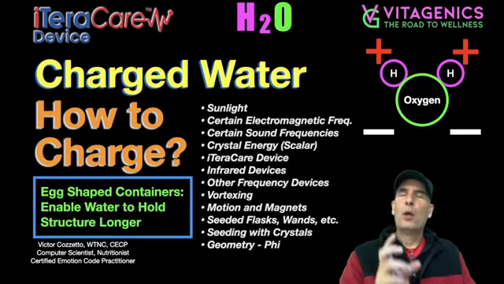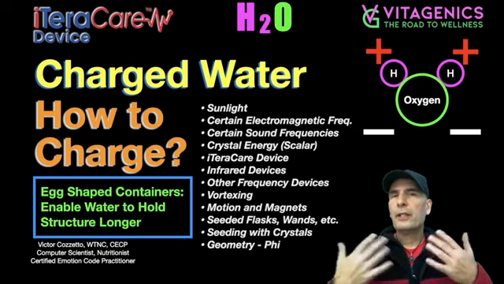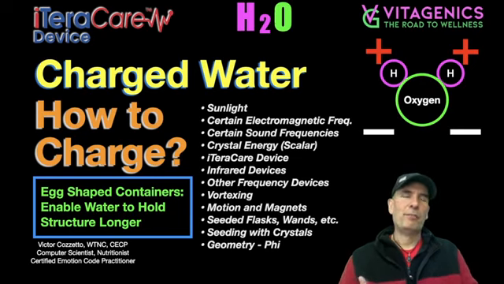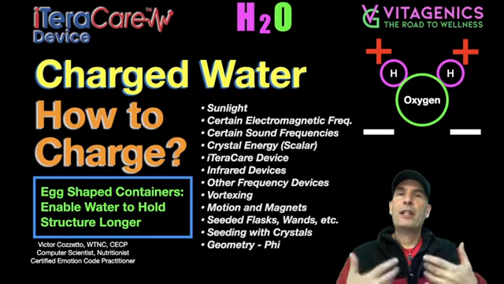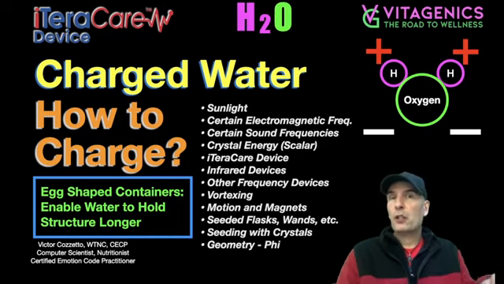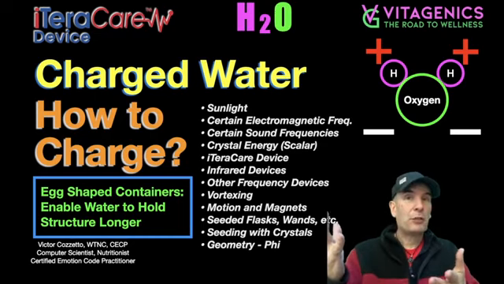Egg-shaped containers will help to preserve the structure of water longer. So I get this question a lot, like, how long does water stay structured? It's really difficult to give this answer because there are negative influences that destructure your water. So if you structure it and it's in a good environment, for example, out in nature, right?